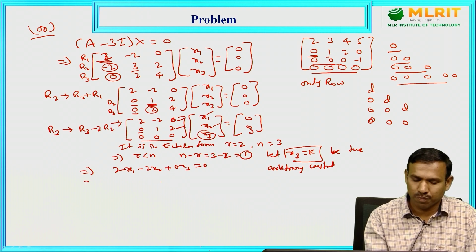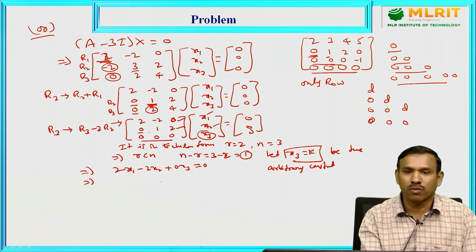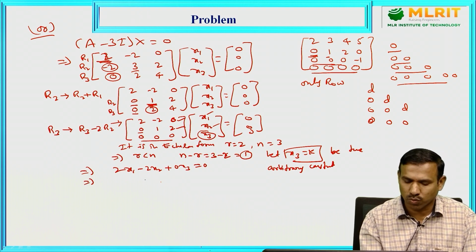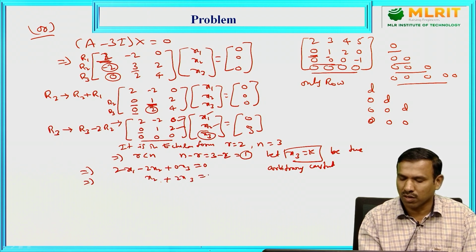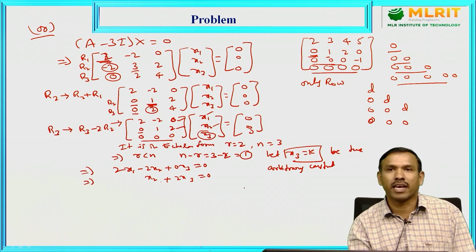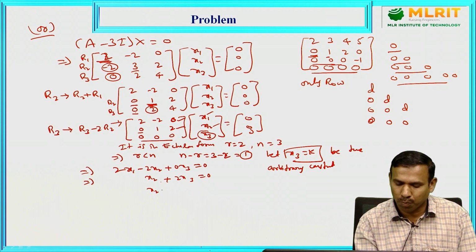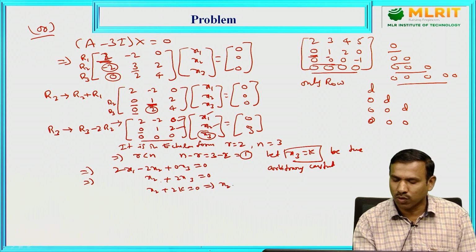Second row: 0 into x1, 1 into x2 plus 2 into x3 is equal to 0. But x3 we already took as k, so x2 plus 2k is equal to 0. It implies x2 is equal to minus 2k.